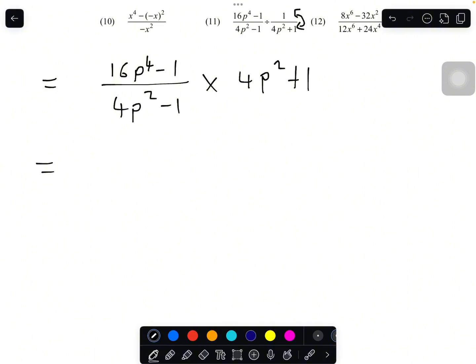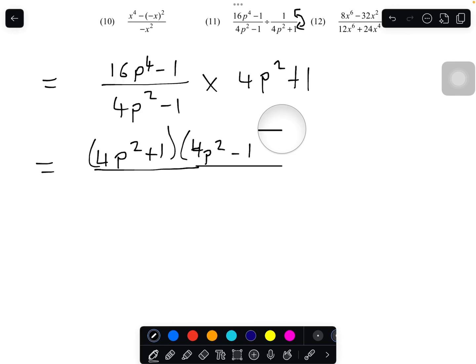Okay, and then on my numerator here, I have a difference of two squares, so I'm going to have open brackets 4p squared plus 1 into 4p squared minus 1. Okay, and then I have a 4p squared minus 1 here.